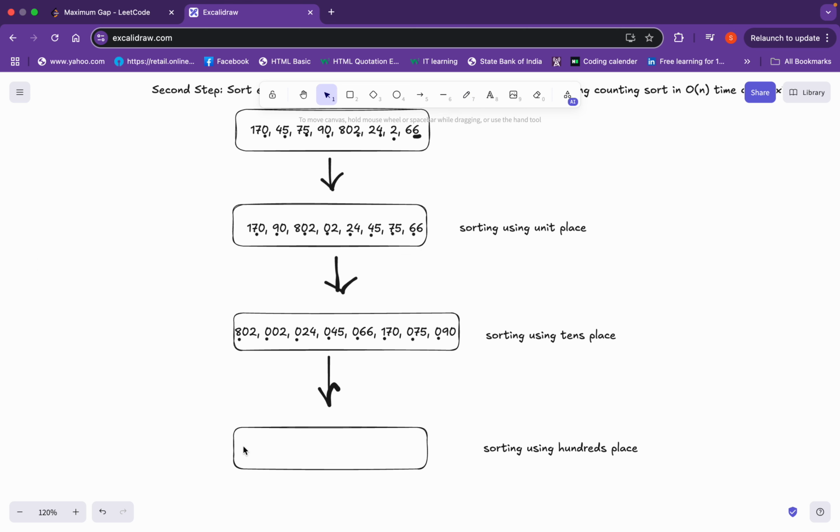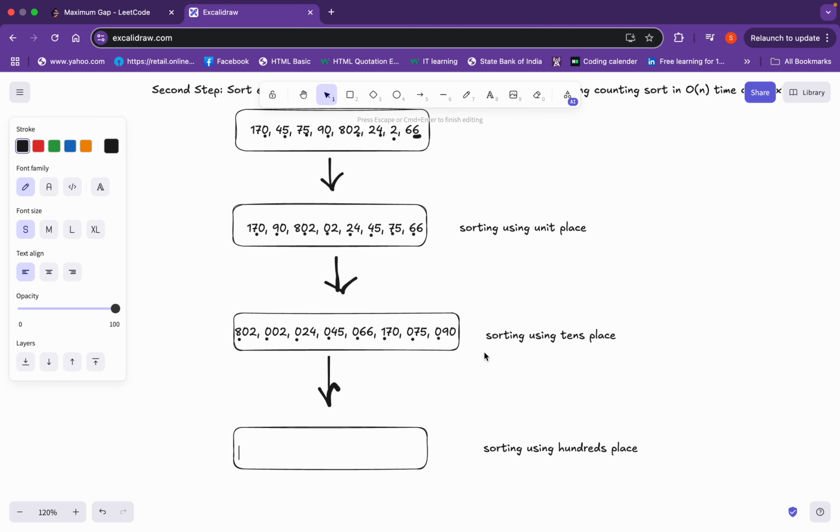Okay, now do we have zeros at hundreds place? Yes, a lot of them. So 002, then 024, then 045, then 066, then 075, then 090, then no more zeros.